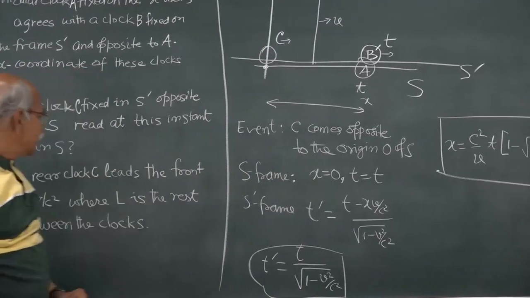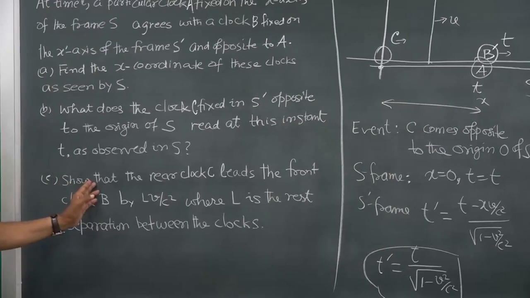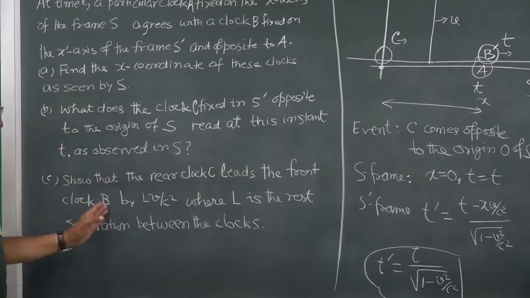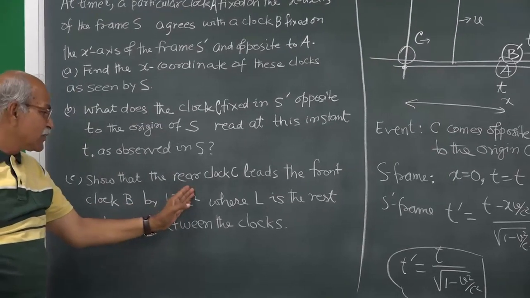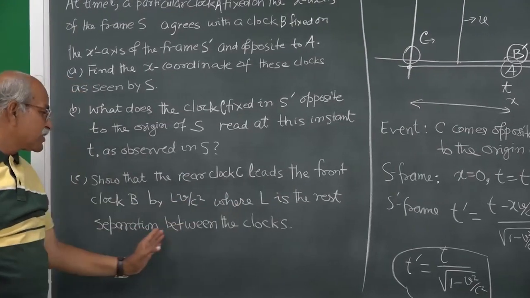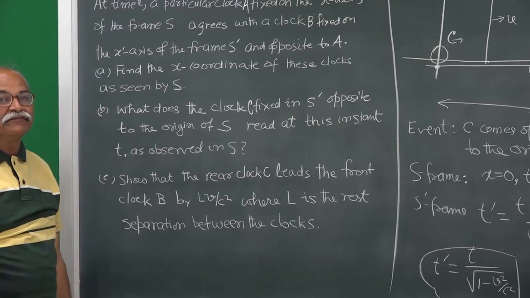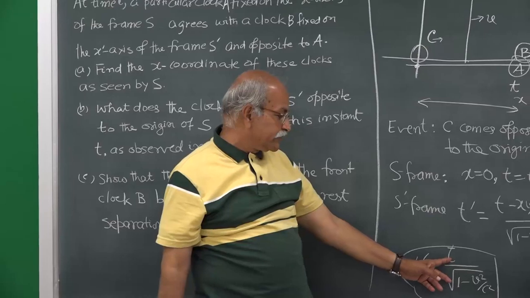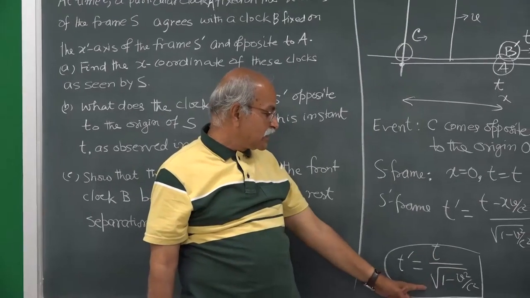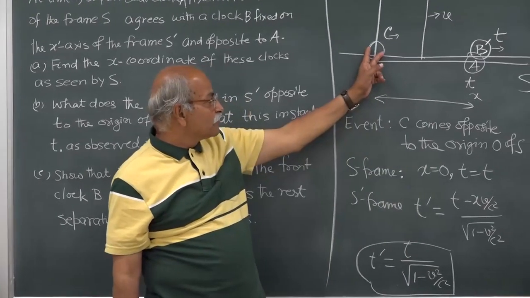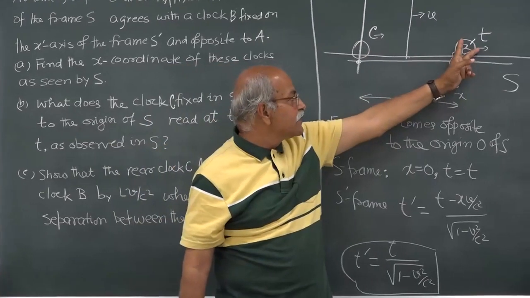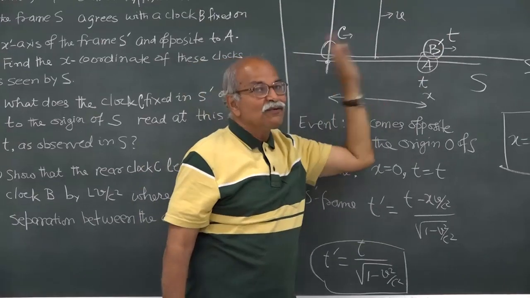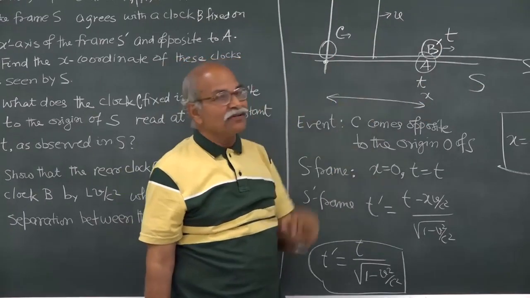And the third part is, show that the rear clock C leads the front clock B by L V by c square, where L is the rest separation between the clocks. So, you see this t prime is greater than t. So, this reading is more and this reading is less. This is t and this is more than t. Since everything is moving towards the right, this is the rear clock, this is the front clock.